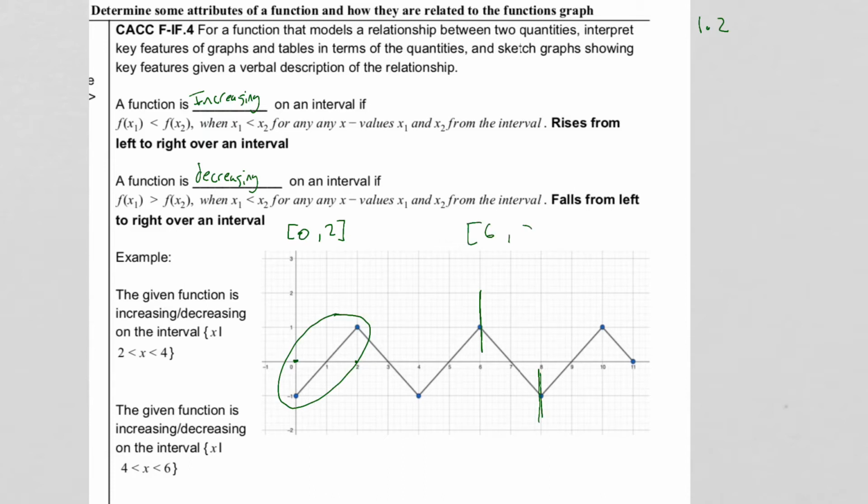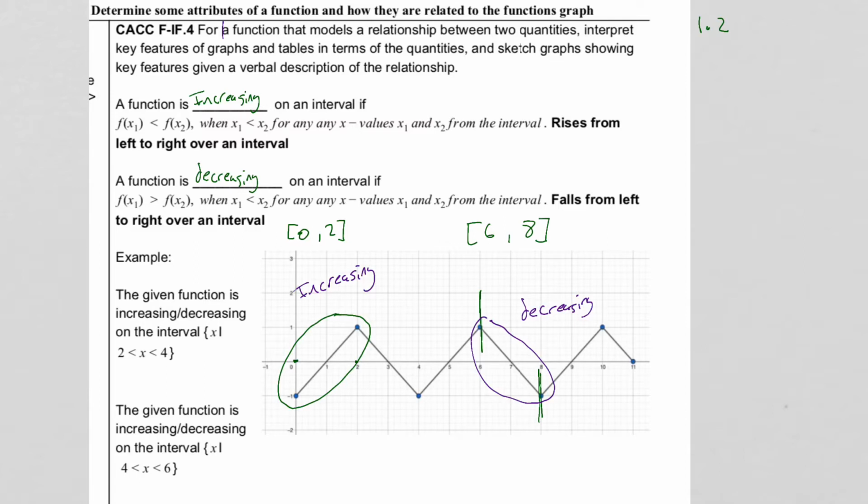On this interval, the function is falling from left to right over the interval. So this is decreasing over the interval, and this is increasing over the interval.